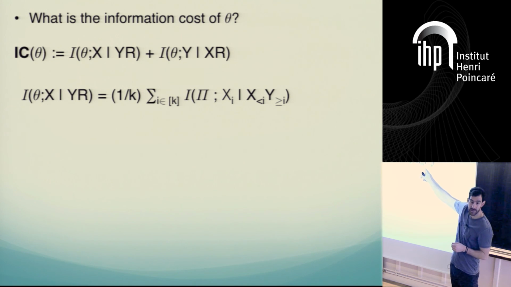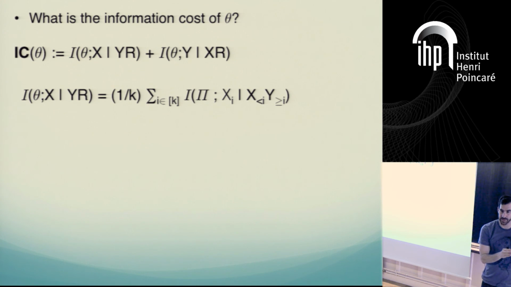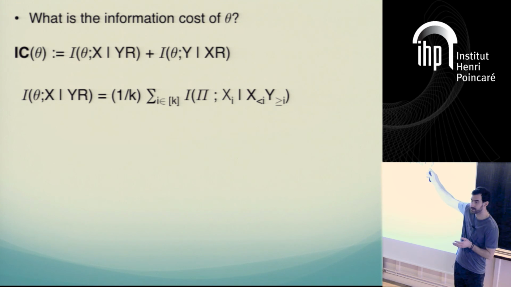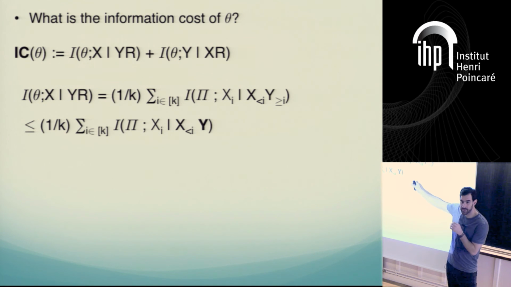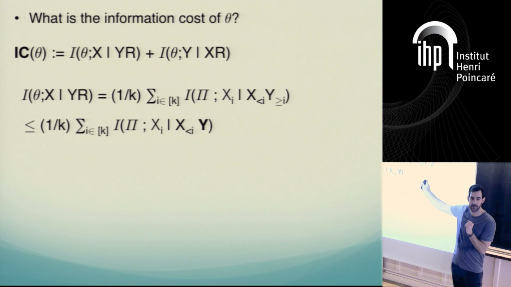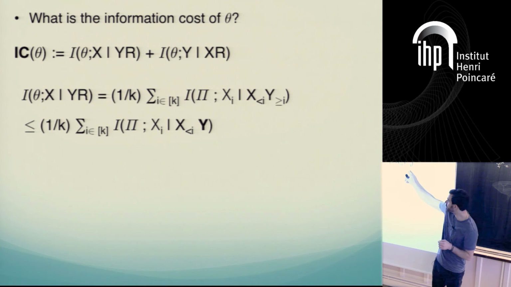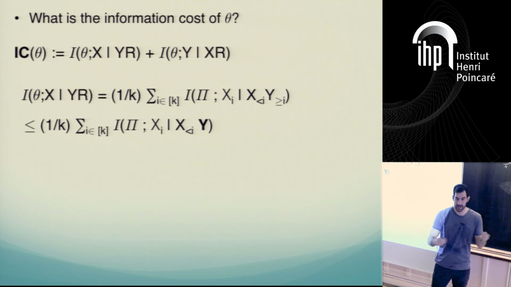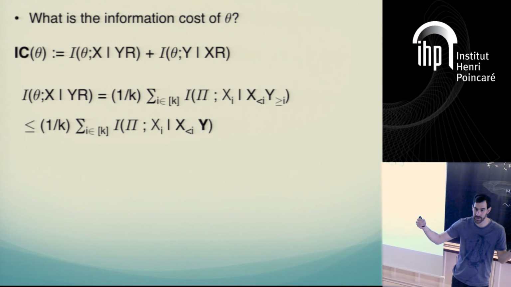Remember, we always condition on the public randomness. The public randomness is always the previous Alice inputs up to a coordinate i, and the remaining n minus i coordinates of Bob. What I claim, and this is the only non-trivial inequality I'll use, is that instead of conditioning on the last n minus i coordinates, we can afford to condition on the entire input of Bob, the entire n coordinates.